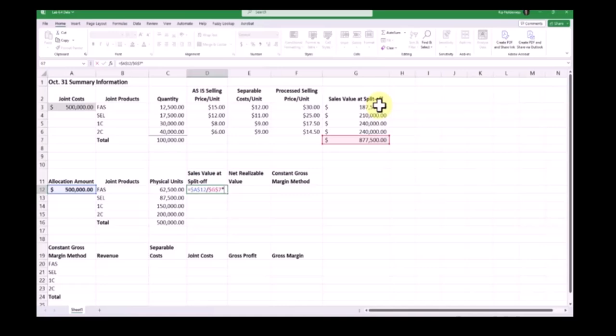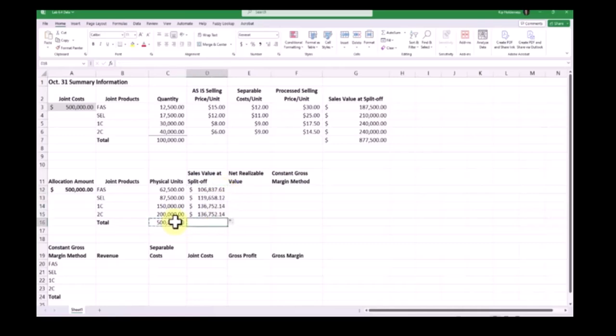So for first and seconds, that's going to be G3. We're going to copy this formula down, and we'll copy our total over as well to make sure that we've got $500,000 of costs allocated. And we can see that the results are very different from the physical units allocation.